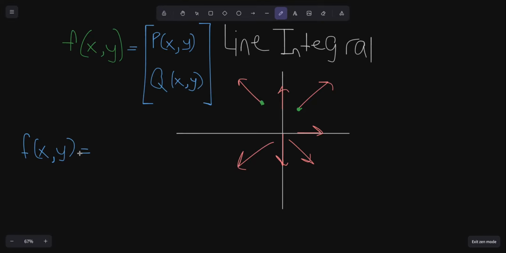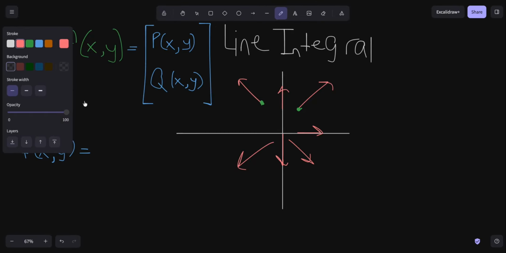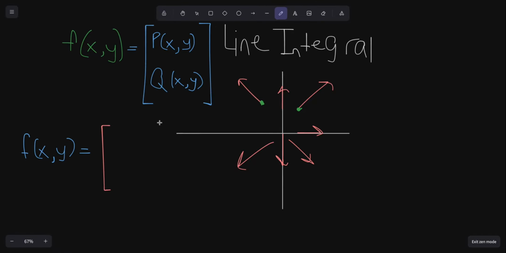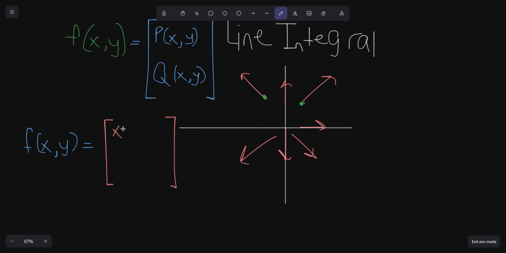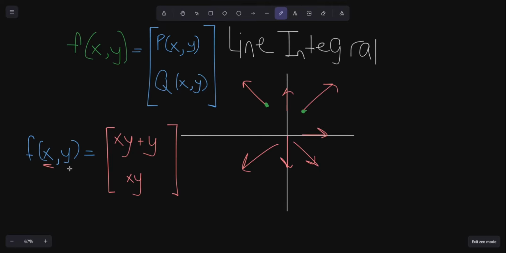Given an x coordinate and a y coordinate, let's say that our vector field formula is xy plus y, and then xy. You can see how, given any x and y value, I'm going to have a vector associated with it. This p of x comma y represents a function that determines the x component of this vector, and this xy is the function q of x comma y that determines the y component of this vector.